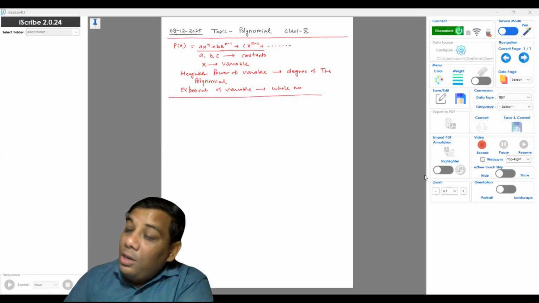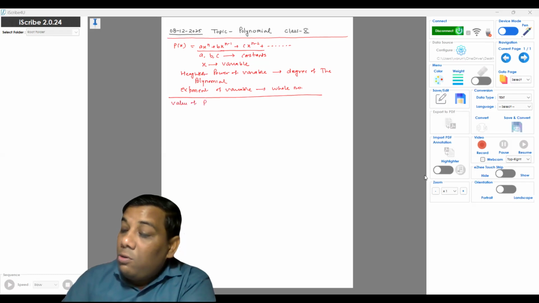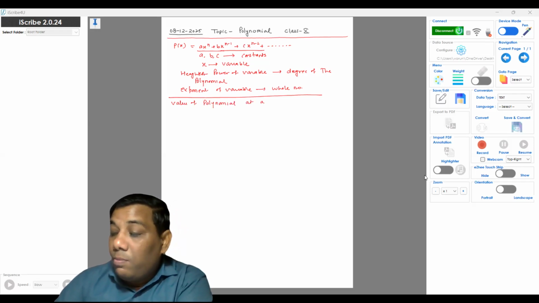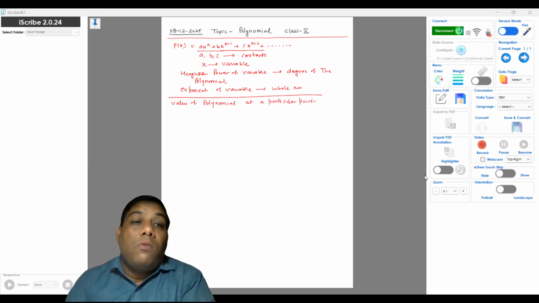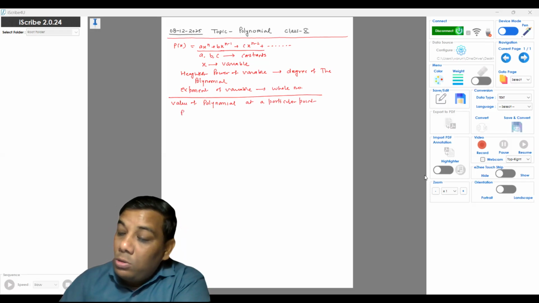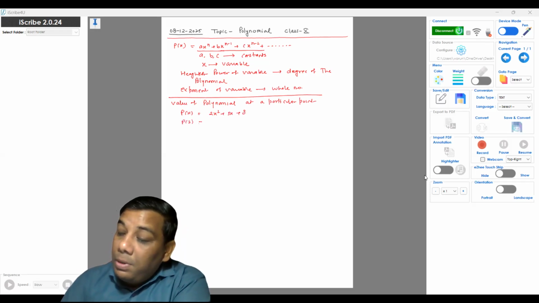Now, the value of a polynomial at a particular point. What will be the value of a polynomial at a particular point? Suppose p(x) is given to us as 2x^2 + 5x + 8. Now, what will be the value of p(2)?